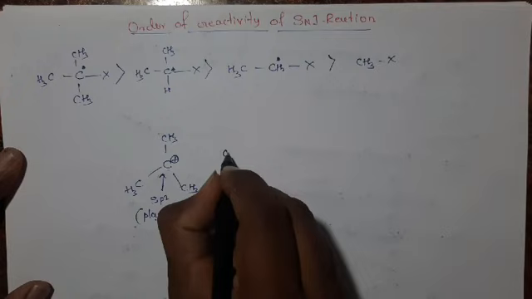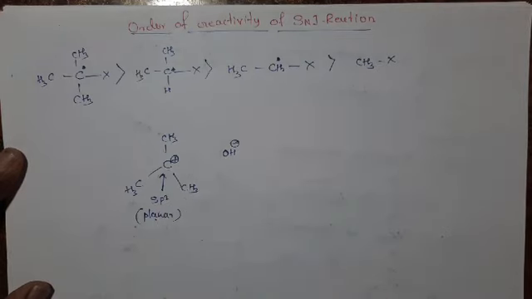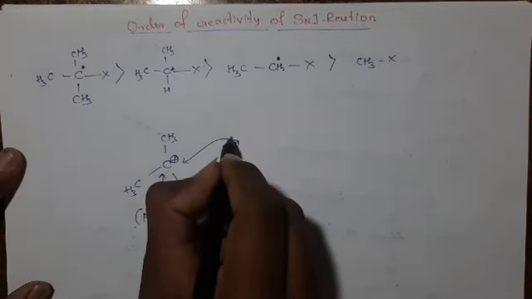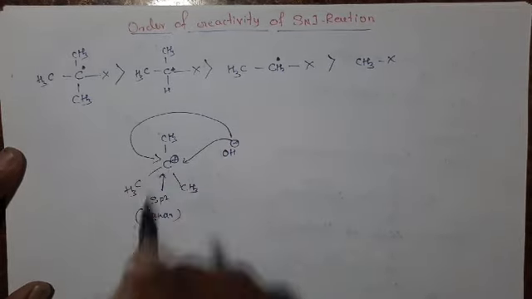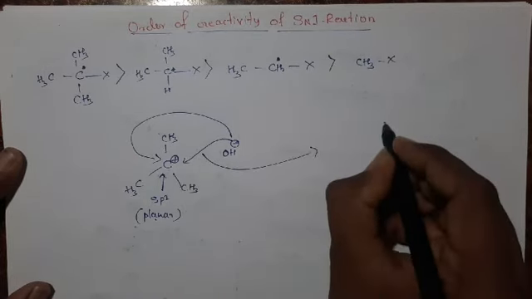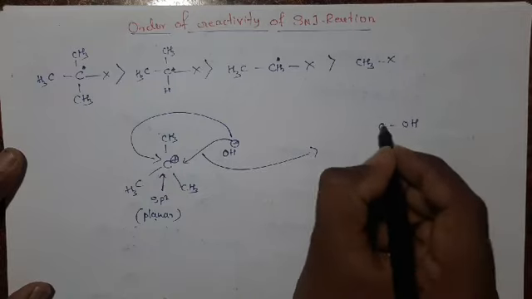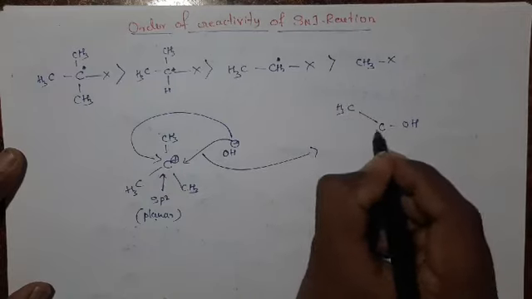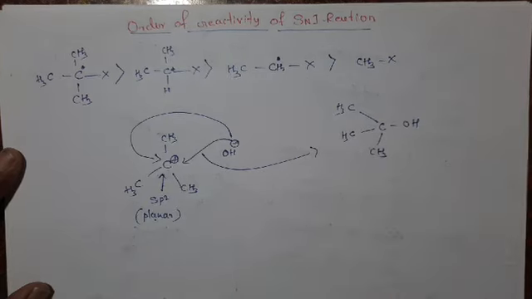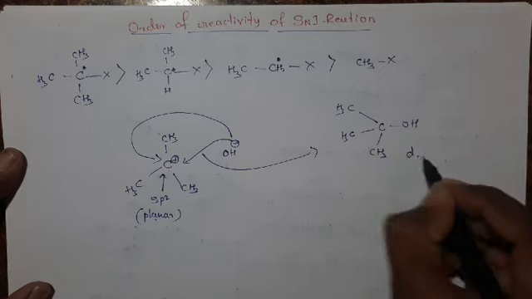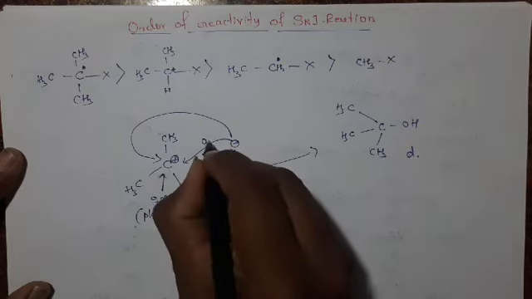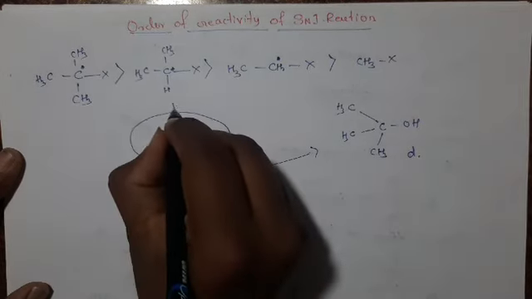The nucleophile OH can attack from the front side and also from the back side. When it attacks from the front side, it gives C(OH)(CH3)(CH3)(CH3), by path A.